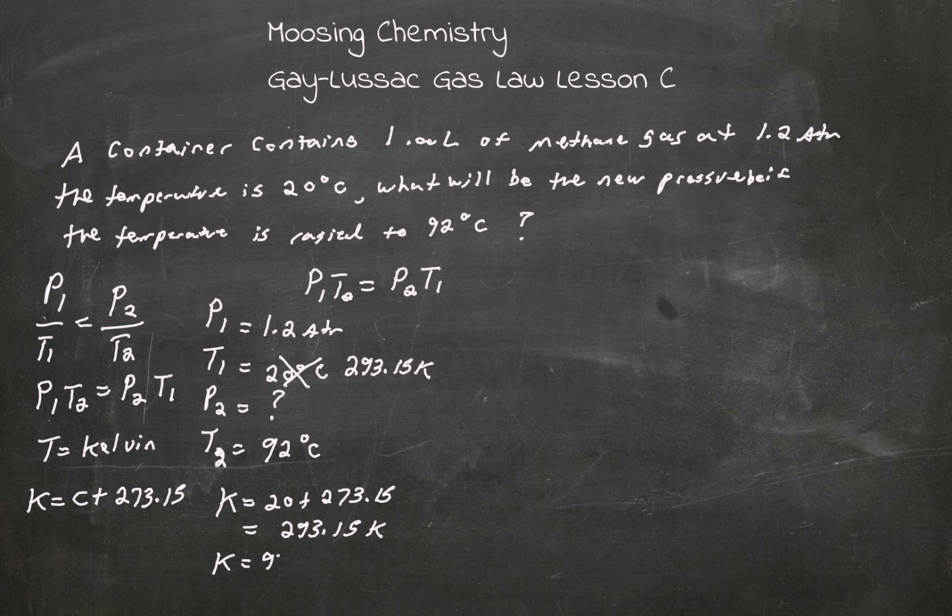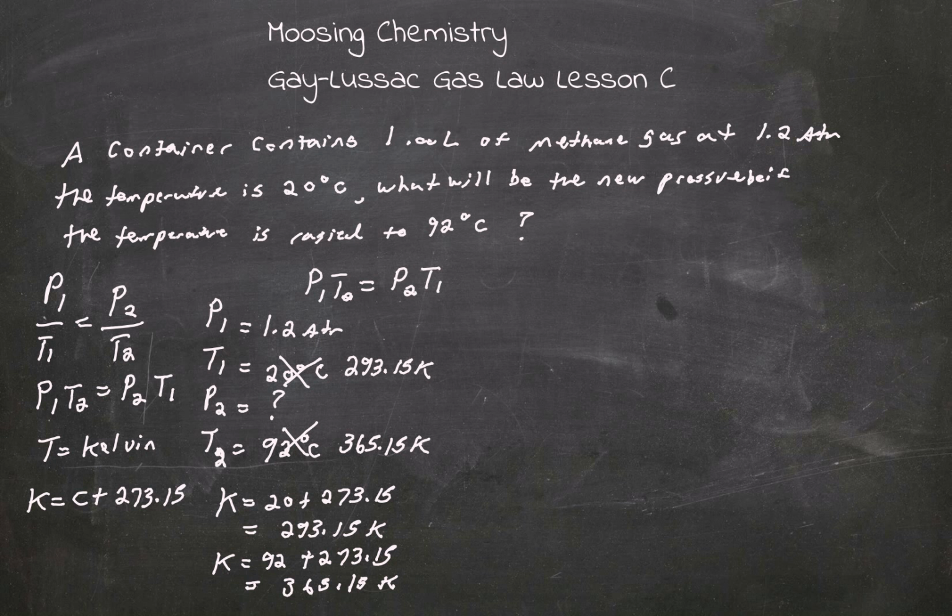K equals 92 plus 273.15. What's our new temperature going to be here? It's going to be 365.15 K.